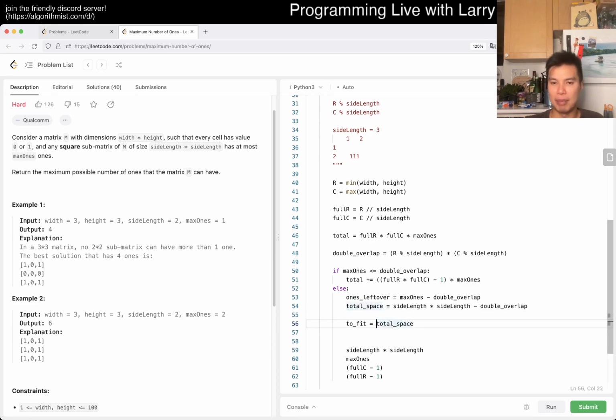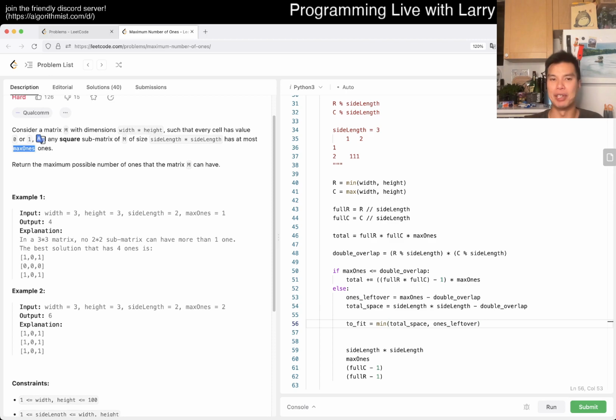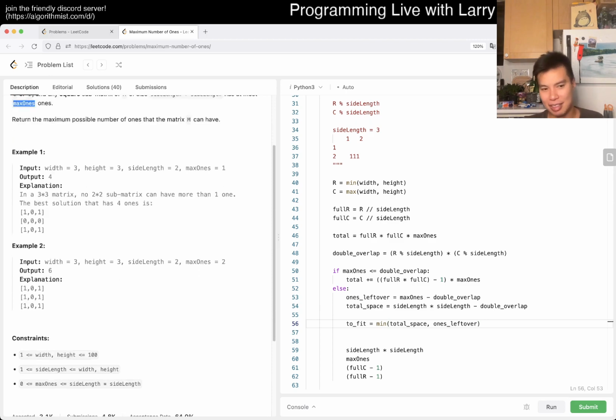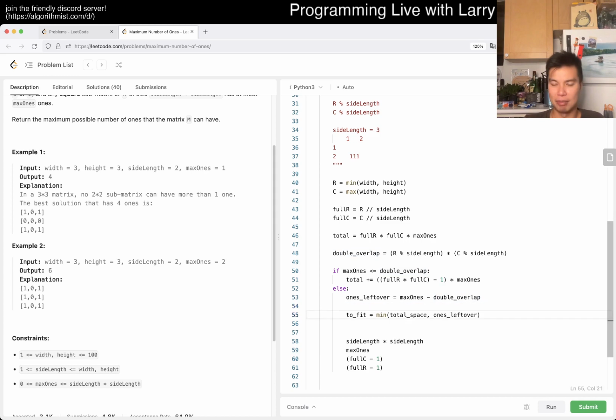And then now we take the min of the total spaces or ones left over. Because in theory, someone could write max ones is equal to like 1 billion. I guess they actually limit this, so that's not a possible case. So I think that's fine then. So this is the total space left, and I guess we don't have to do the total space left then, because we can assume that ones left over is enough given that constraint.